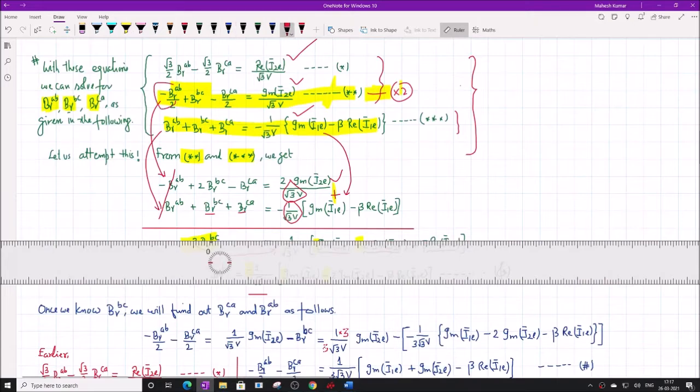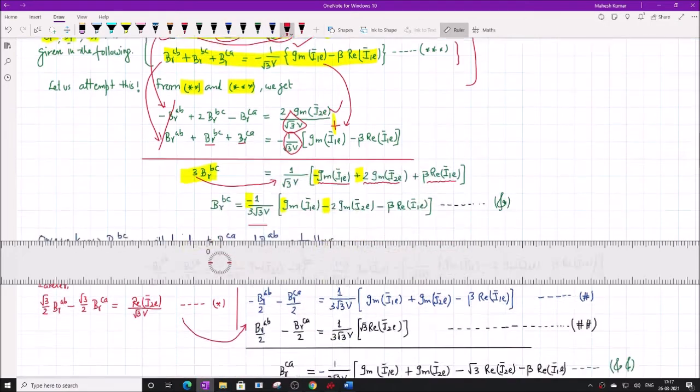So this and minus this equal to this minus B gamma BC, because it will come on this side. Then I will know the expressions for B gamma AB and B gamma CA.